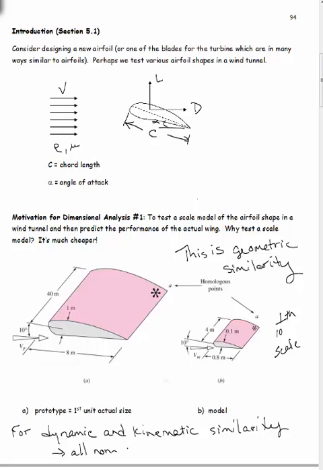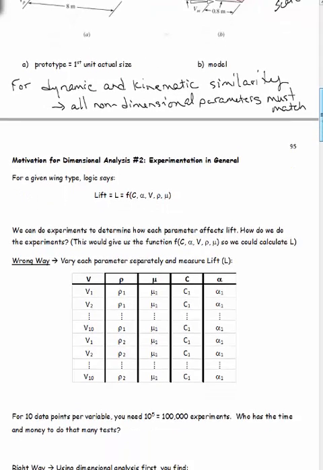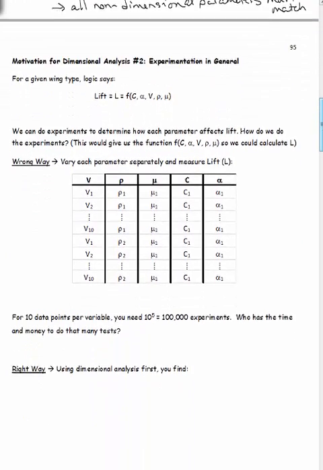So we're going to have to figure out how to come up with these non-dimensional parameters we're talking about. So all non-dimensional parameters must match. Okay. So that's one motivation, and that's to do scale modeling.